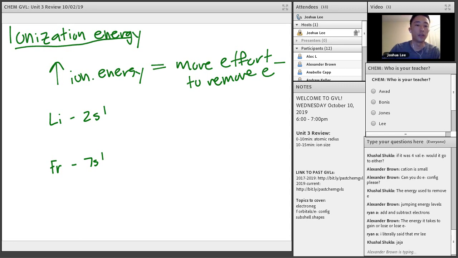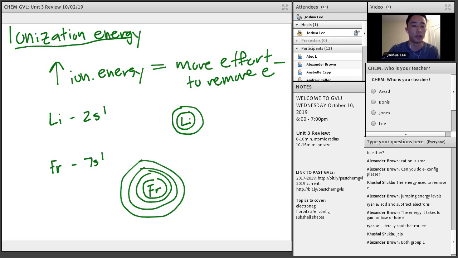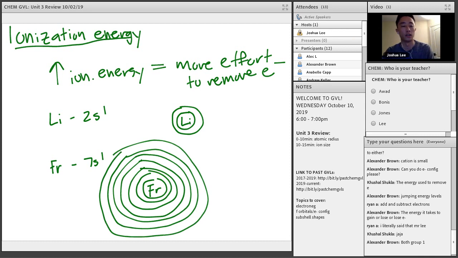Now we compare lithium, which is 1s, first energy level, second energy level, and francium, which is first energy level, second, third, fourth, fifth, sixth, and seventh energy levels. Hopefully you could already tell that francium is larger than lithium.